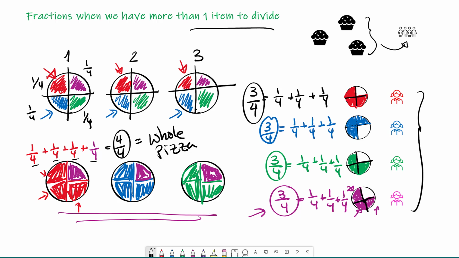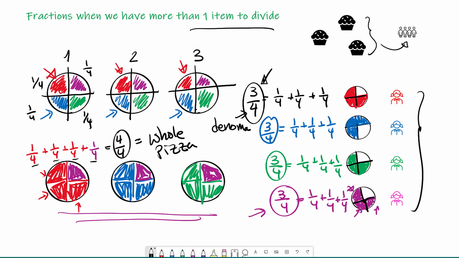Now, we've learned a few things here that are really important. First of all, we've learned that when we add a fraction to another, basically we can write it as the number of fractions, with the fraction line over the fraction size, which is what we call our denominator. And we will start using these names more often in the next few videos, but for now, you're getting a taste of it.